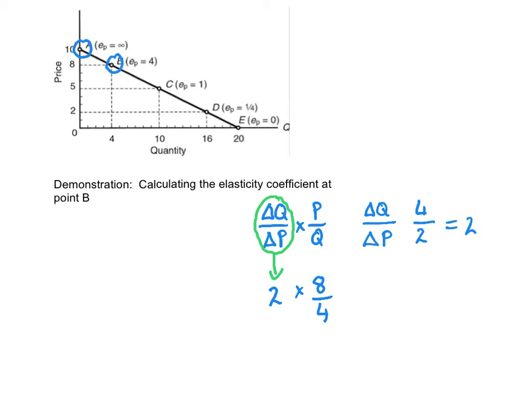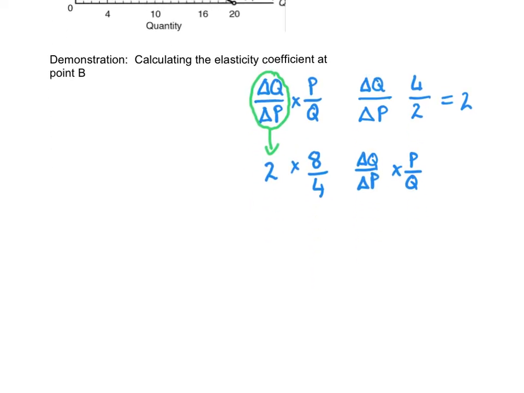So in our calculation, we now have the change in quantity divided by the change in price, multiplied by the price over quantity at B. So this gives us 2 times 8 over 4, which gives us 2 times 2, which gives us a value of 4. So at B, the coefficient value is equal to 4.